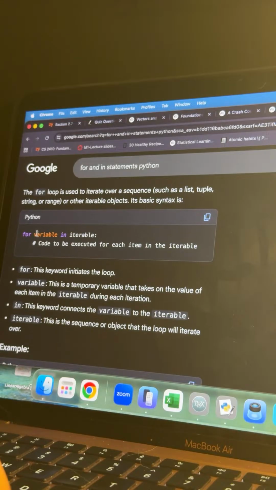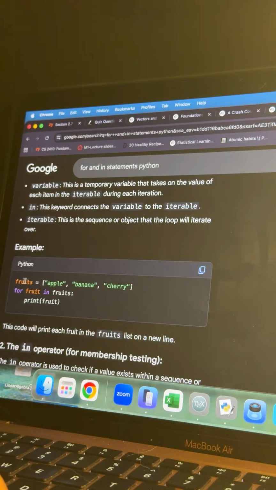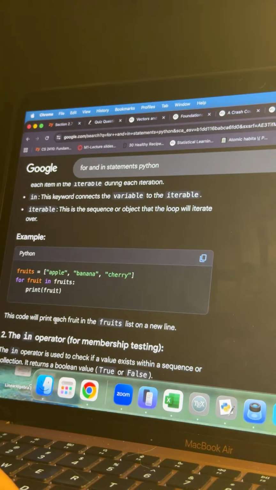Its basic syntax is for variable in iterable. The for keyword initiates the loop. The in keyword connects the variable to the iterable. All right, so for starts the loop. It's like it drops the ball and the ball keeps going, and in connects the variable to the iterable. What is an iterable? I have no idea. But here's an example: for fruit in fruits. This code will print each fruit in the fruits list on a new line.